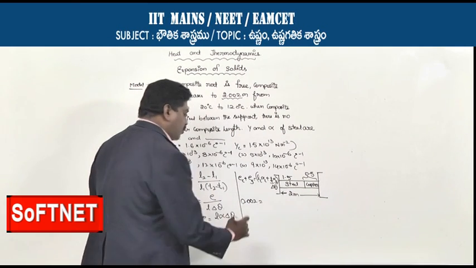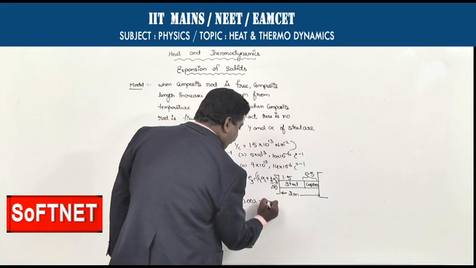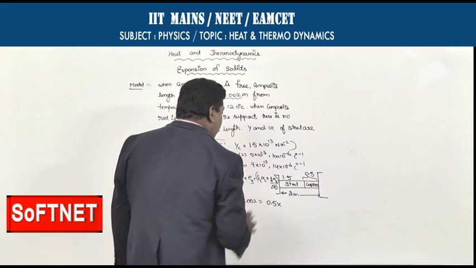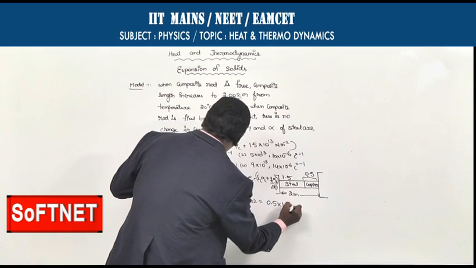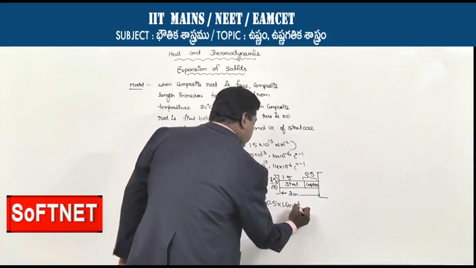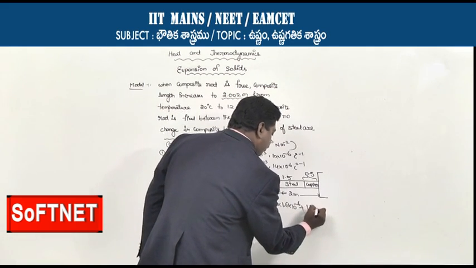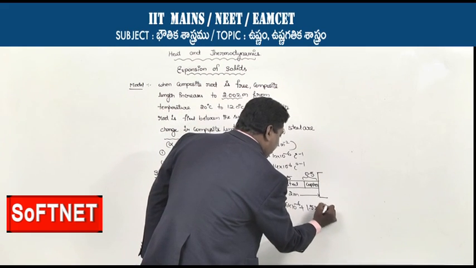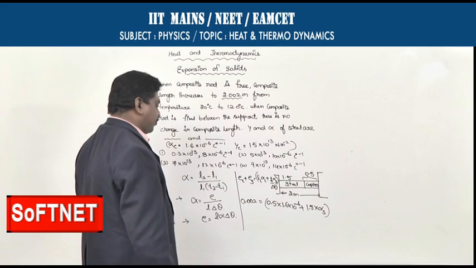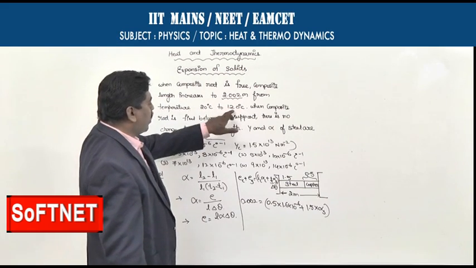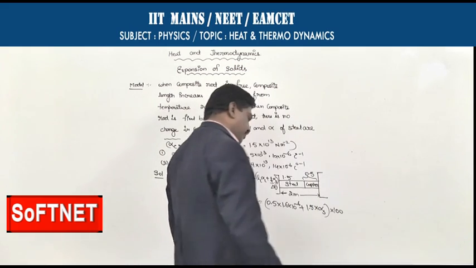It is equal to, here we have length of copper 0.5 into alpha of copper, given as 1.6 into 10 to the power of minus 6, plus length of steel 1.5 into alpha of steel, which is not given to us, but the increase in temperature delta theta is 120 minus 20, which is 100 degrees Celsius.